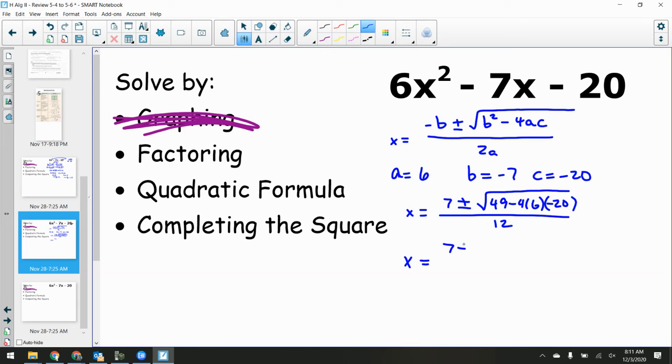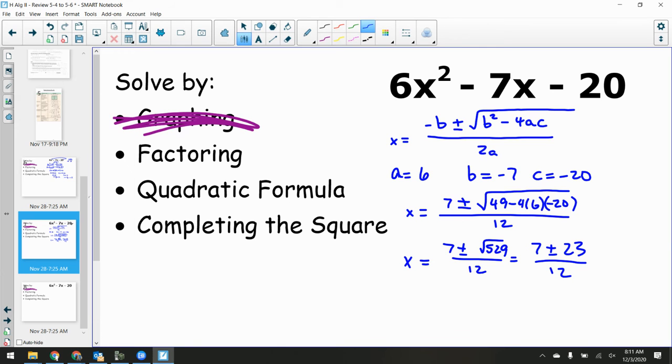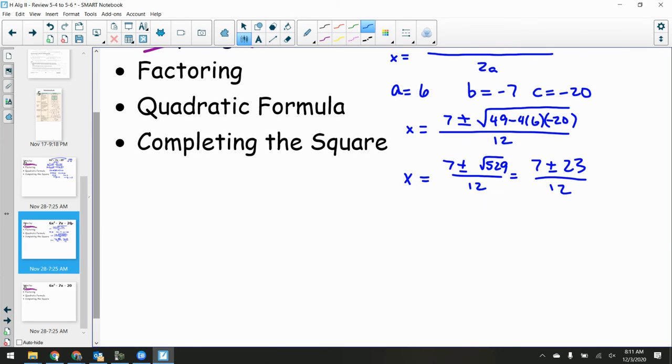Positive 7 plus or minus 23 all over 12. So that means my two solutions are x equals 7 plus 23 over 12, or x equals 7 minus 23 over 12.